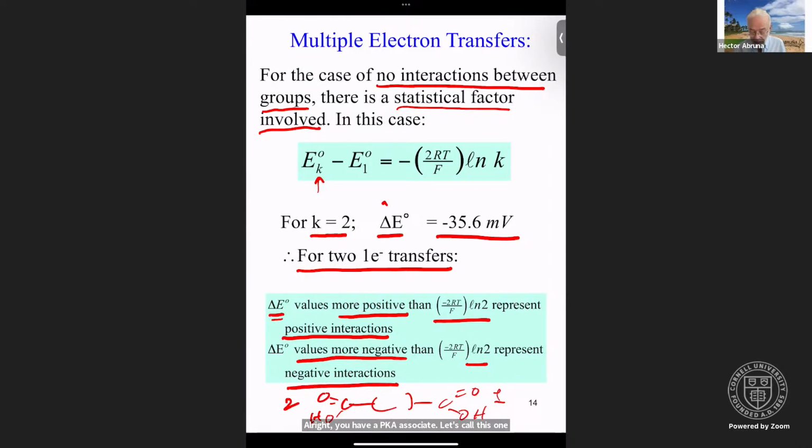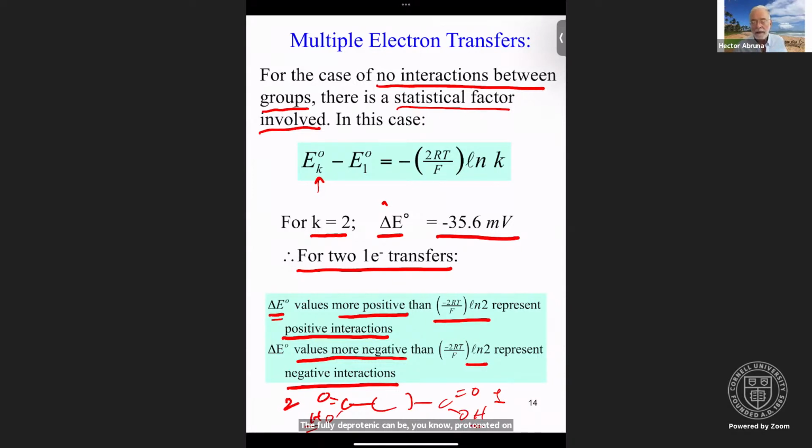There's a pK associated with this one, there's a pK associated with that one. But even though they might be disconnected, if the connection is far enough so that there are 0 interactions between them, there is a statistical factor, meaning the fully protonated can be deprotonated here or here. The fully deprotonated can be protonated in either one.